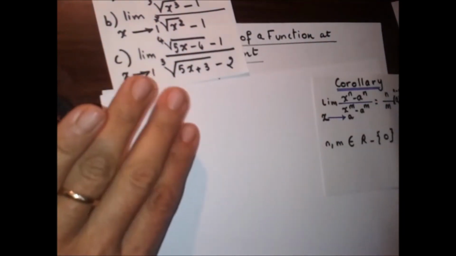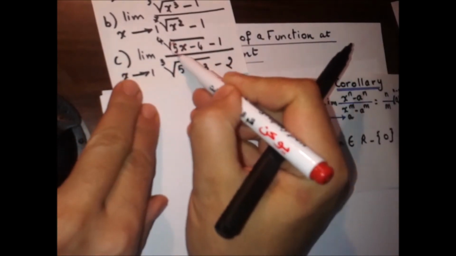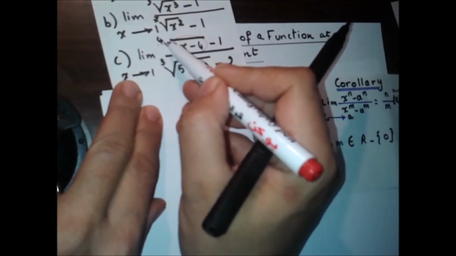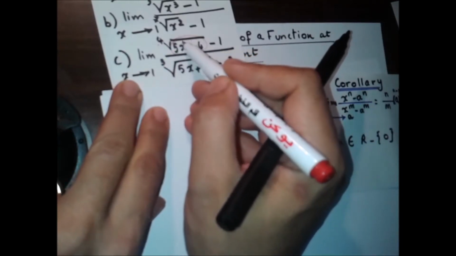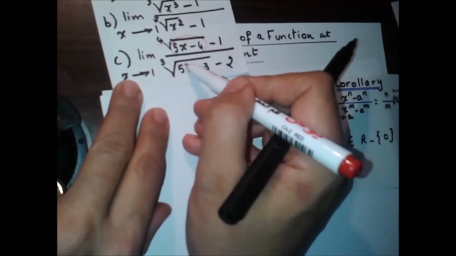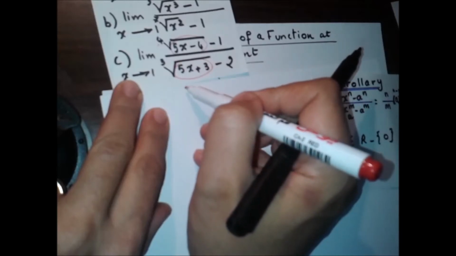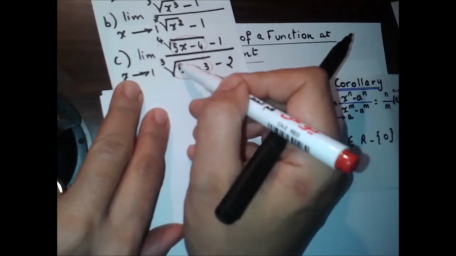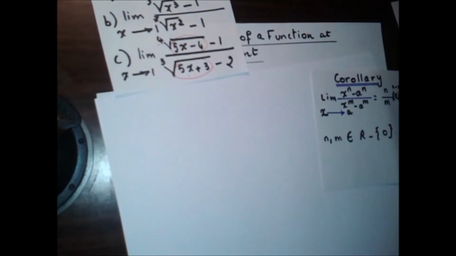So the first term, we'll keep it as it is, but the fourth root means power 1 over 4. And for the denominator, keep the first term as it is, and the cubic root means power of 1 over 3. And let's see.